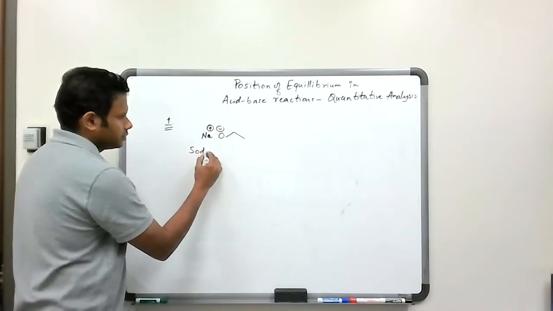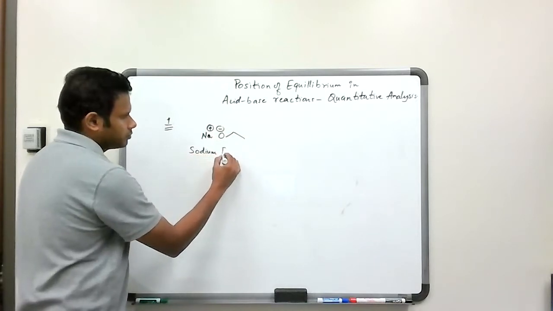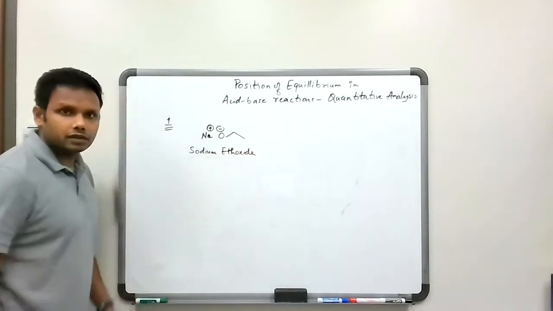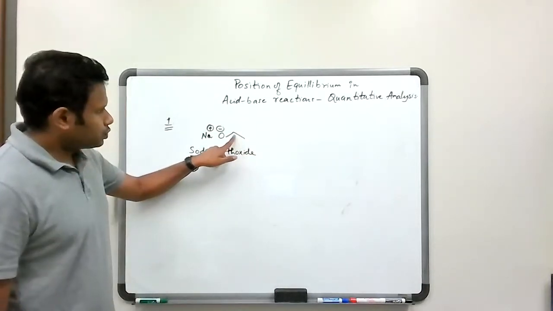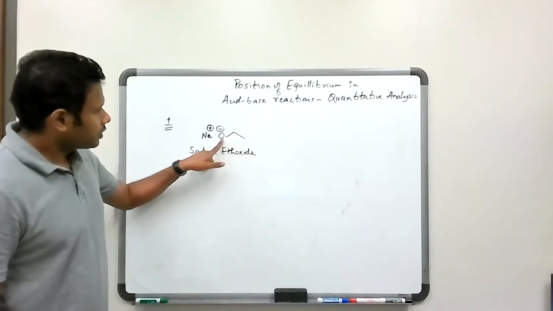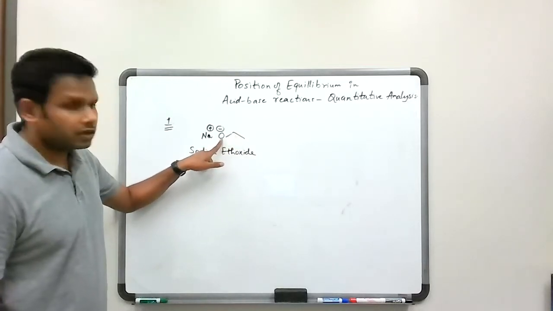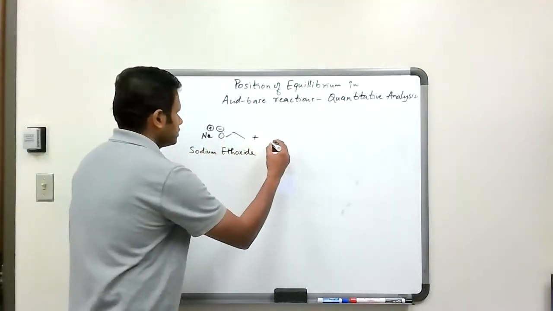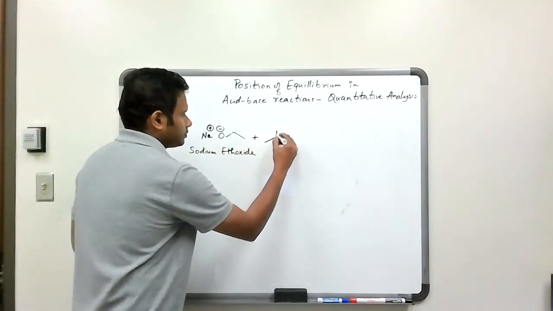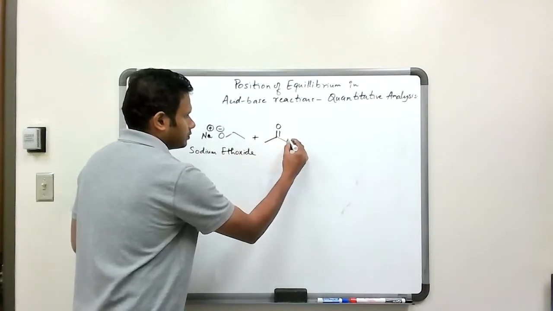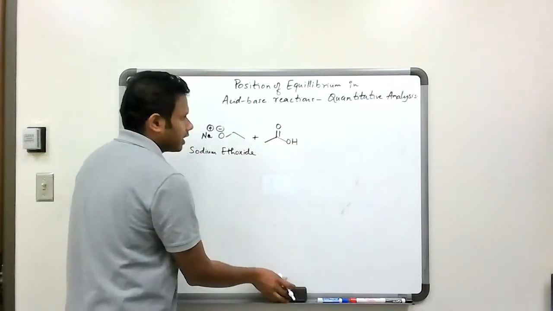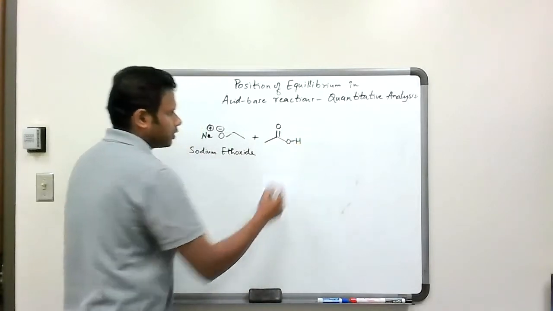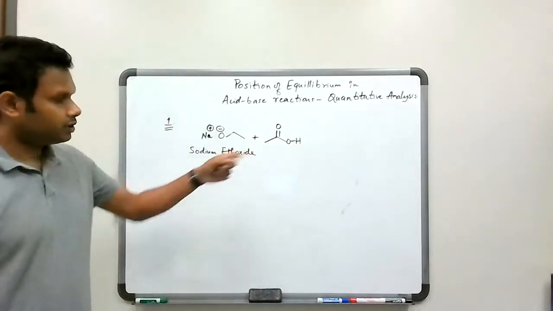This is sodium ethoxide: 2 carbons, and then an oxygen with a negative charge on it. And plus, we have acetic acid.